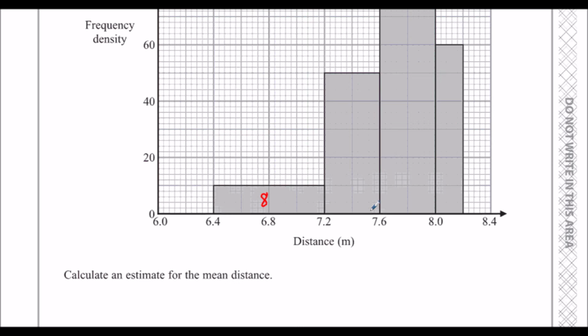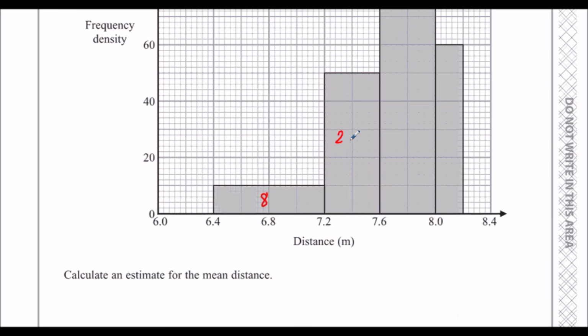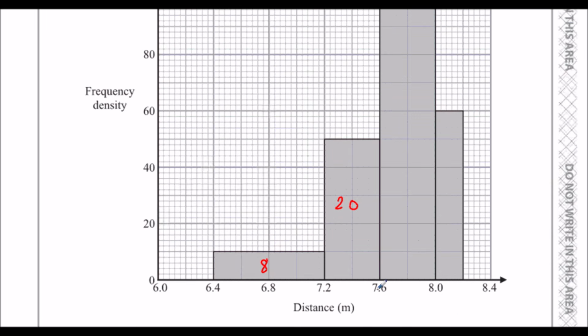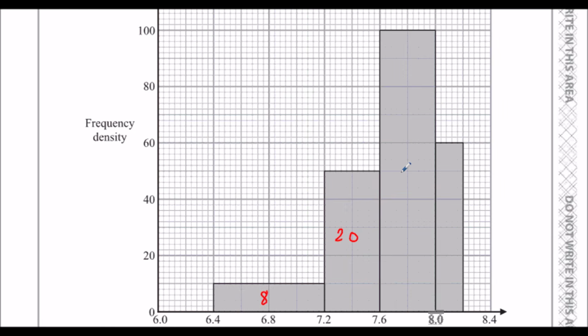We've got 0.4 times 50. Remember, we can use a calculator. 0.4 times 50 is 20. We've got 0.4 again. So 7.6 to 8 is 0.4. And it's 100 tall. So 0.4 times 100 is 40. And we've got 0.2 times 60, which is 12.